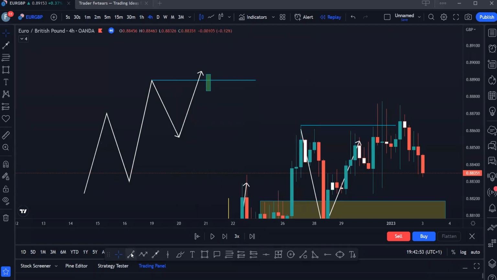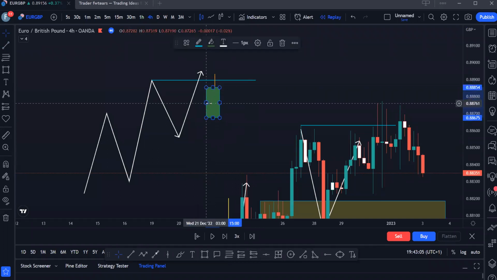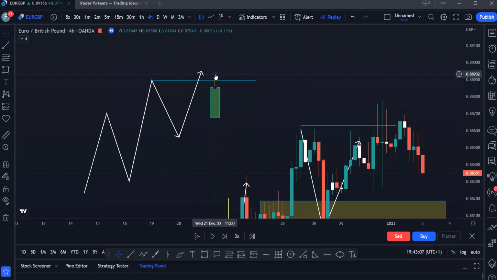I'm not concerned about wicks closing above, because price might do this. Okay, price might give you a wick like so. Of course, the wick broke this previous high. But in this case, I don't consider it as a higher high, because a wick is not signifying momentum. It is signifying weakness.